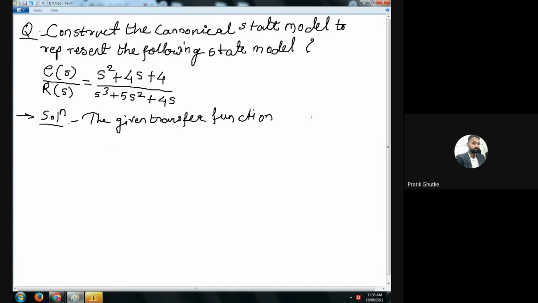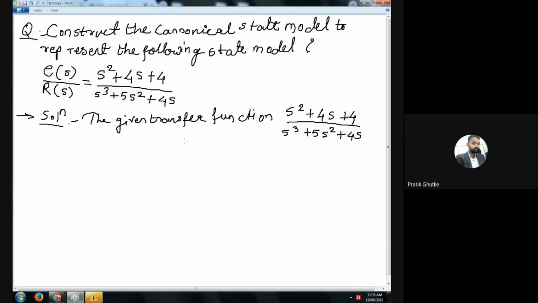The given transfer function is S square plus 4S plus 4 divided by S cube plus 5S square plus 4S. Okay, this is my given transfer function.